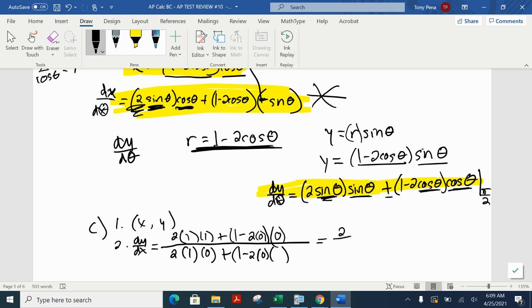And then this is a negative sine of theta, so that should be, what, negative 1? So these will go away. This ends up being a 1 times a negative 1. So our slope should end up being negative 2.